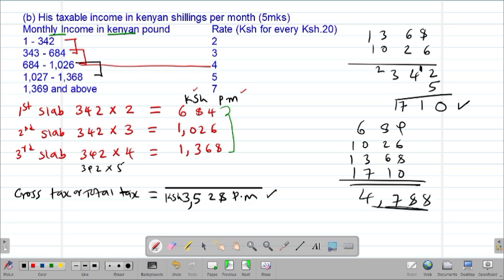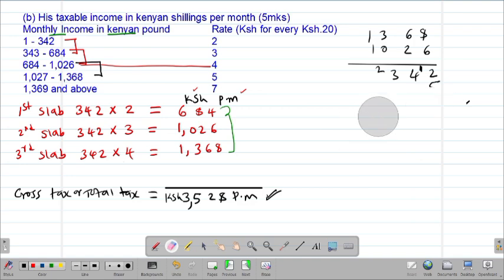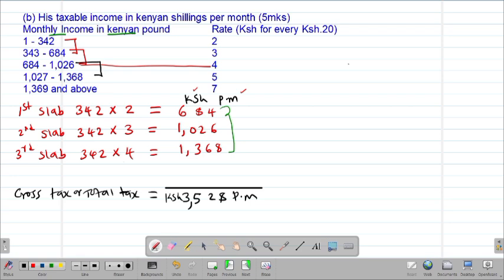Realize that this particular amount is greater than our total tax. Therefore, this one is suggesting that the fourth slab should be the last slab. So we need to get the remaining amount in this particular slab. So the taxation usually stops in the slab where the amount does not exceed the gross tax or the total tax.